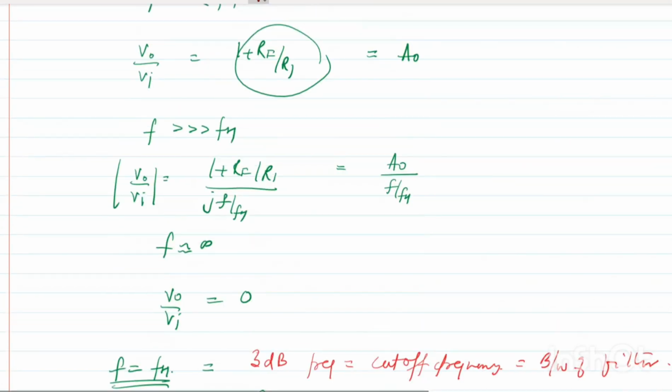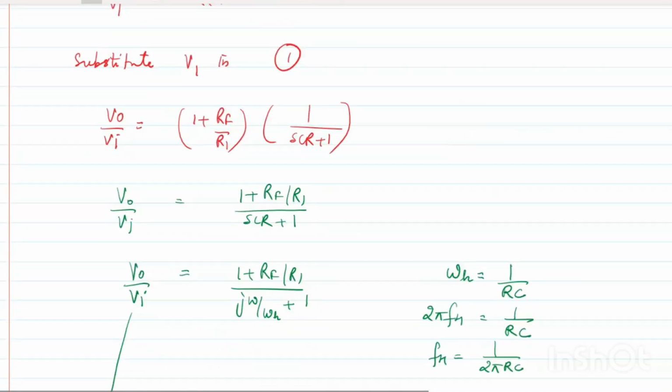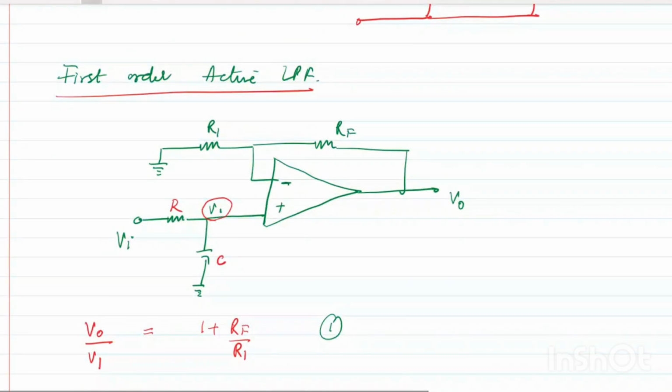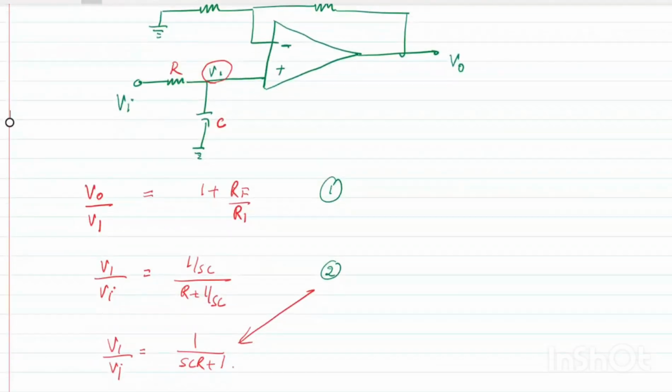See what we have done. Same जैसे हमने RC का लिया था ना, वैसे ही हमने op-amp के साथ RC लगा दिया. ऐसा ये सर्किट डायग्राम है. So V naught by V1 निकाला हमने पहले. क्यों? Because non-inverting amplifier का gain is at this terminal. So V naught by V1 is 1 plus Rf by R1. Thus we can call it as gain of non-inverting amplifier. Then what is V1? हमने यहाँ पे voltage division rule लगाया.